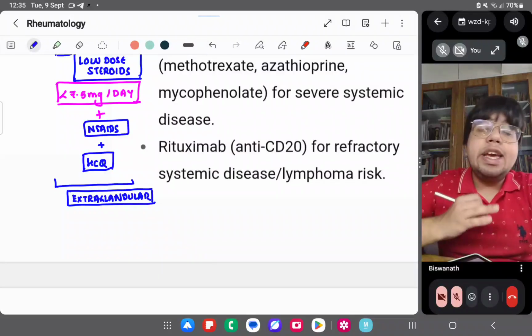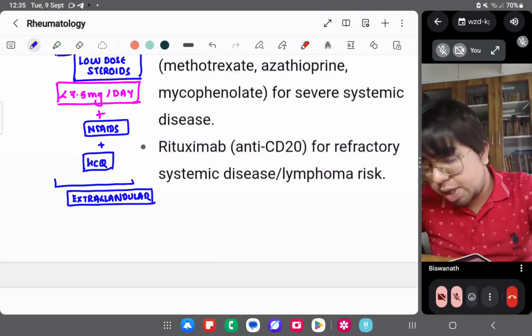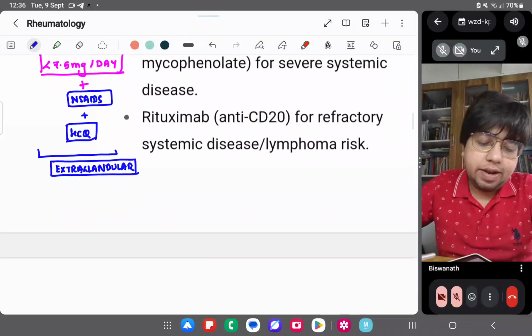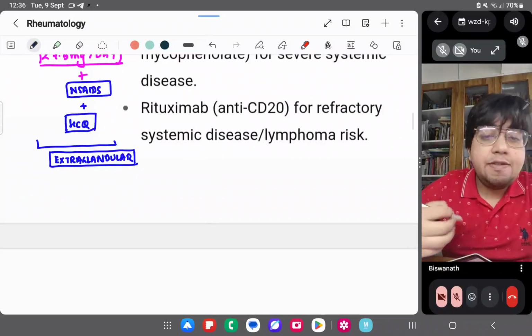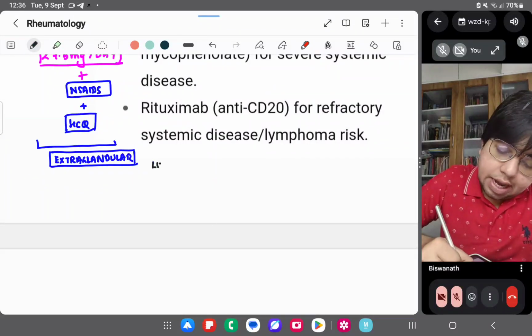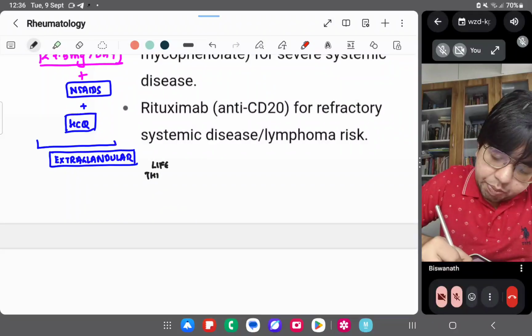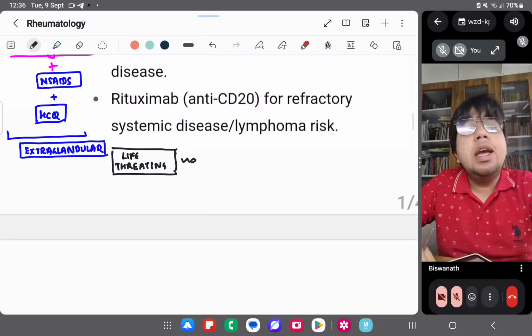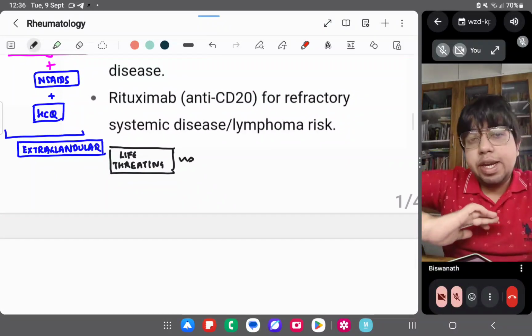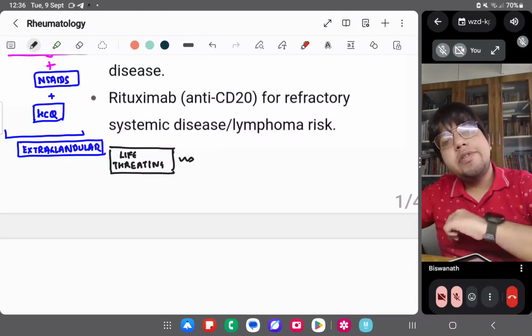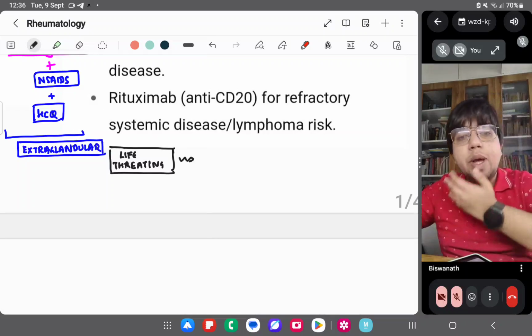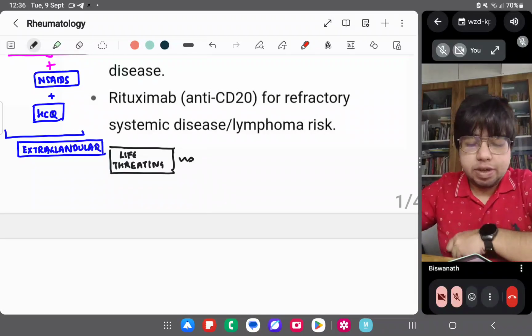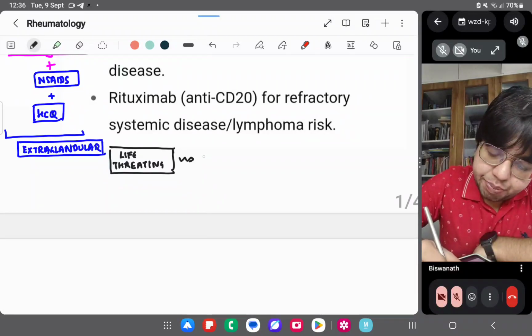If the person has severe life-threatening extraglandular Sjogren's, then you will increase the dose of steroids. Beyond 7.5, you can increase the dose; the exact doses are not important.